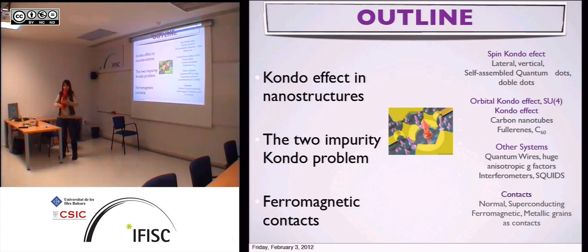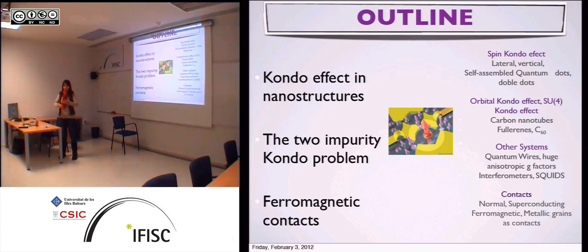Here your energies are just discrete energies, and these two bars here, represented by gamma L and gamma R, are the tunneling barriers, and here you have some electrodes that are the contacts. So here you localize your spin, and you have coupling by tunneling with some continuum, formed by the electrons in the reservoirs.